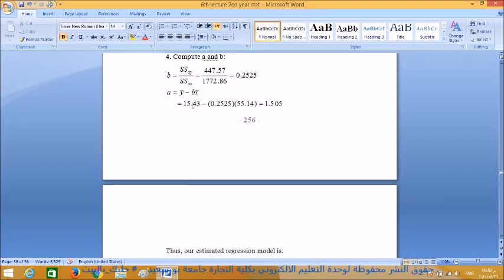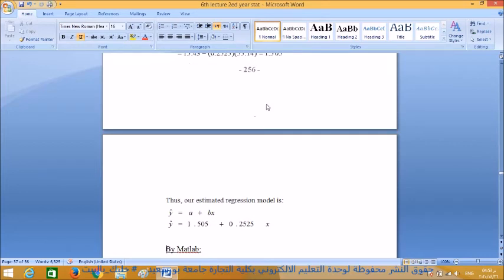Y bar equals 15.4, B equals 0.25, and X bar equals 55.1. So A equals 1.5. The estimated regression model will be Y hat equals 1.5 plus 0.25 multiplied by X. This is the estimated equation, or the equation for predicting Y hat.